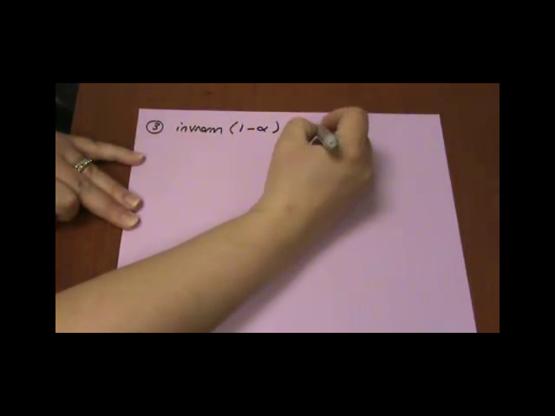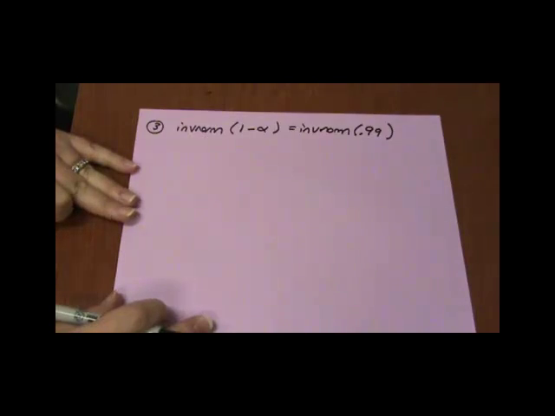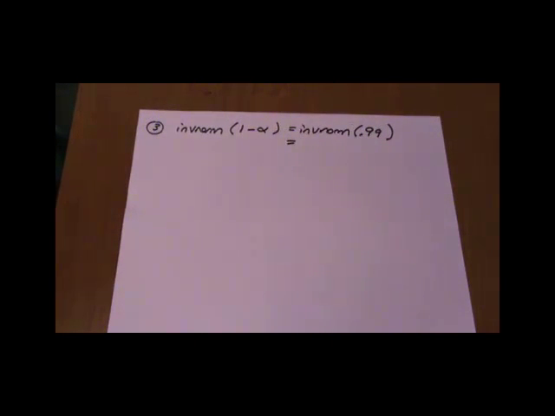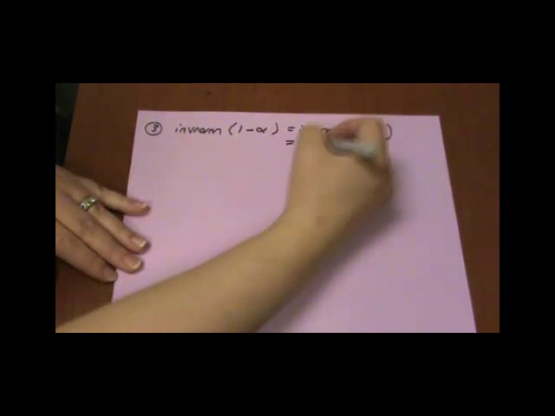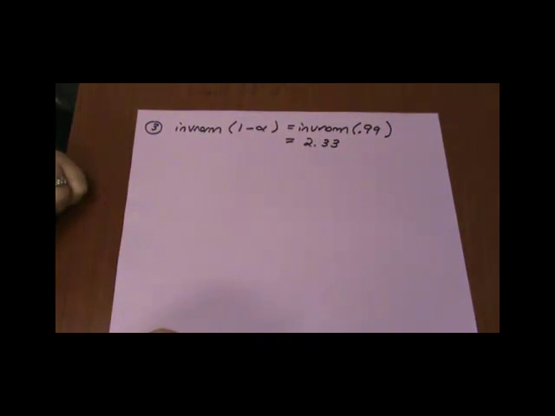So I'm going to do inverse norm of 0.99. 1 minus 0.01. That's always what you want to do when you're doing a right tail test. You do 1 minus alpha. Okay? Now let's see what that is. Alright, I'm getting 2.33. Coincidence? Well, it's actually not a coincidence because we're using the same alpha level.